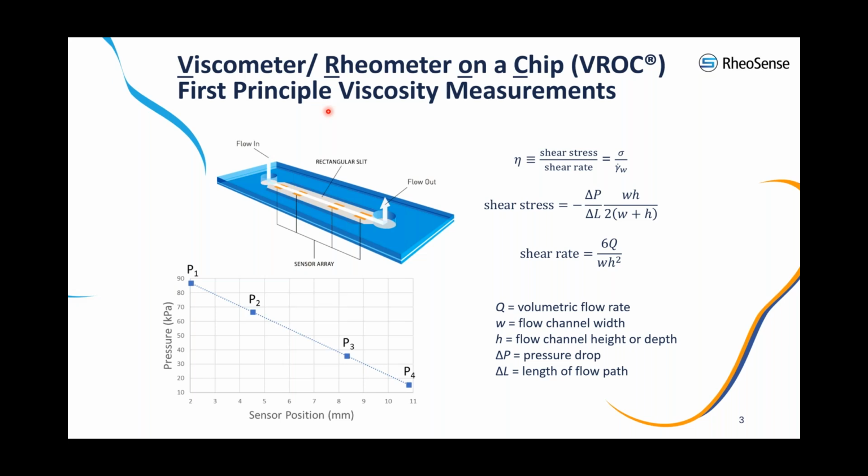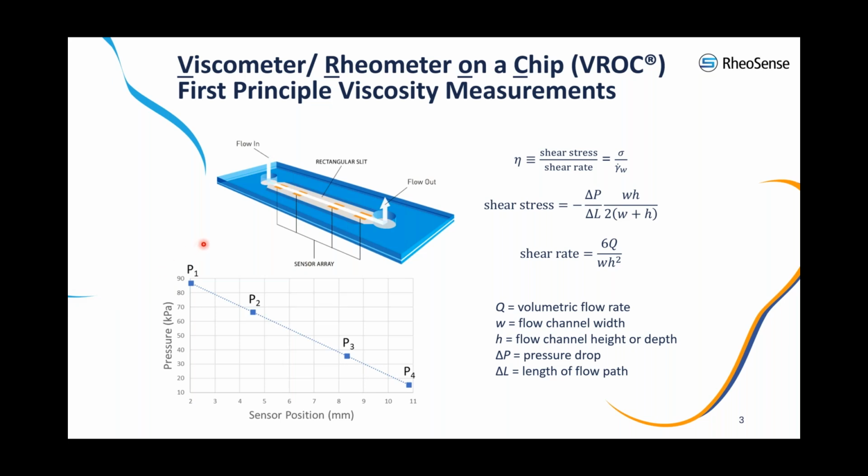VROC technology is basically a combination of microfluidics and MEMS pressure sensors. So we have a rectangular microfluidic channel where we have 4 pressure sensors which are linearly aligned across the channel. We precisely control the flow rate through the channel and monitor pressure drop across the channel.